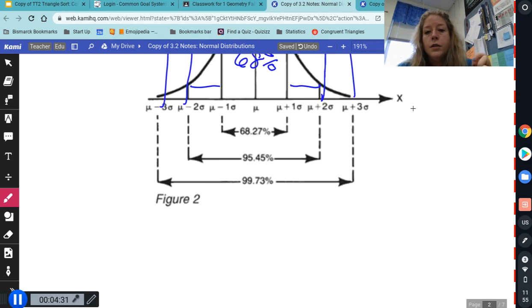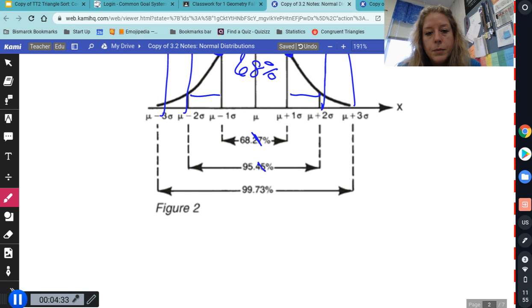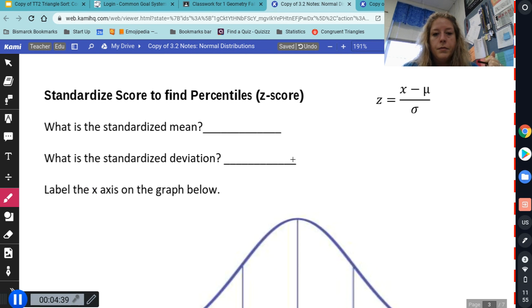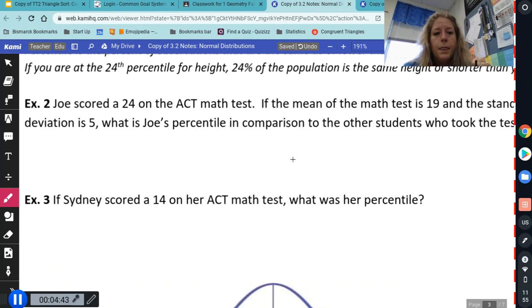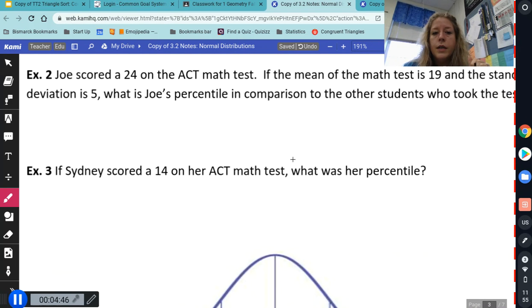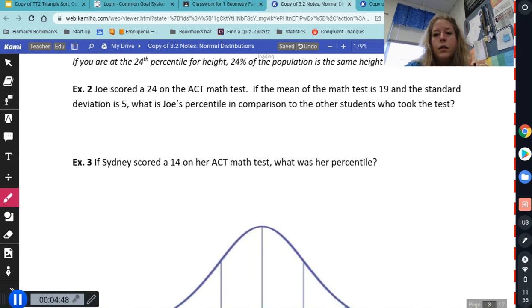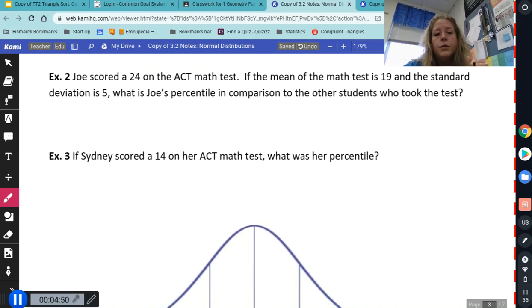Okay, here, ignore these decimals. We're going to use 68, 95, 99.7. I want to skip this one and go to the next one. We're going to calculate percentiles without knowing the actual number of people who took the test.